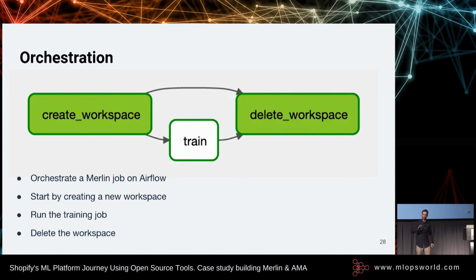If anything happens during the training and something fails, we still delete the workspace at the end in order to reduce the amount of resources that we waste and return the resources back to the Kubernetes cluster. For each of these steps, we created a specific operator that abstracts the user from actually writing all of this code themselves, so they can focus only on the machine learning part of it.